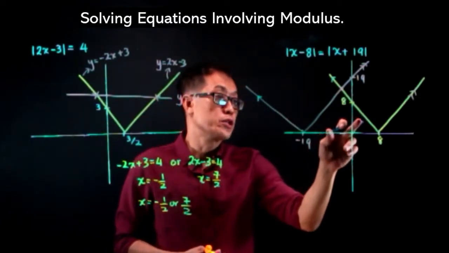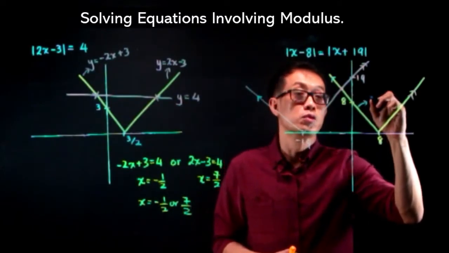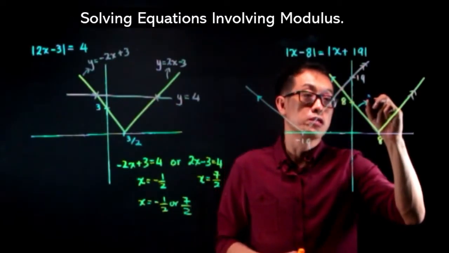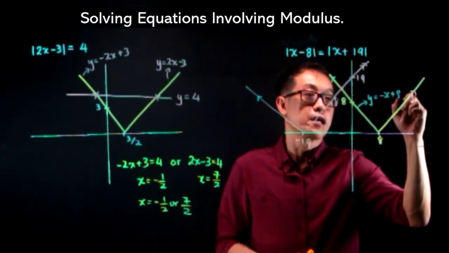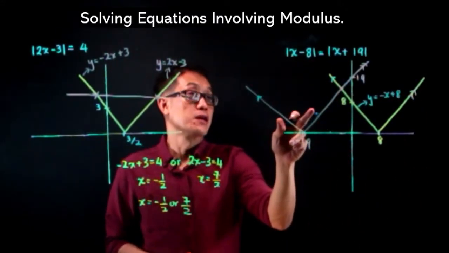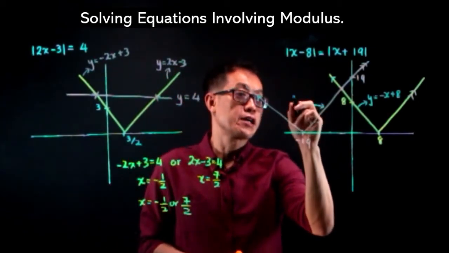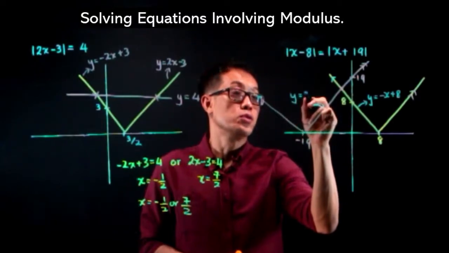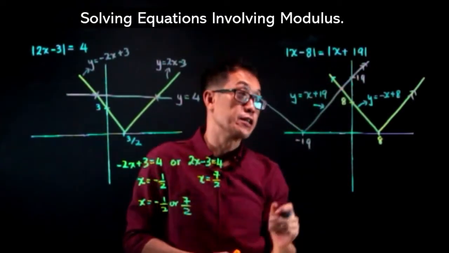Now, what is the equation for this part of the graph? This is a negative gradient, so this is y is equal to minus x plus 8. And what is the equation of this part of the line here? This is y is equal to x plus 19 because it has a positive gradient.